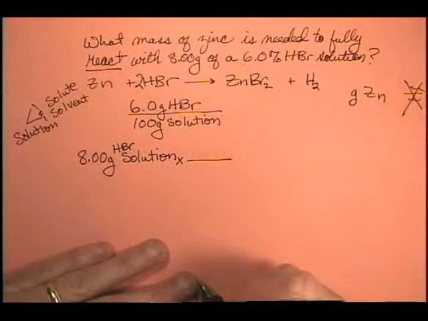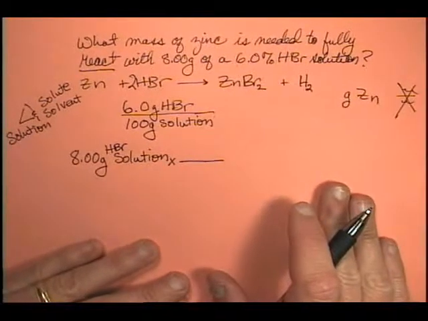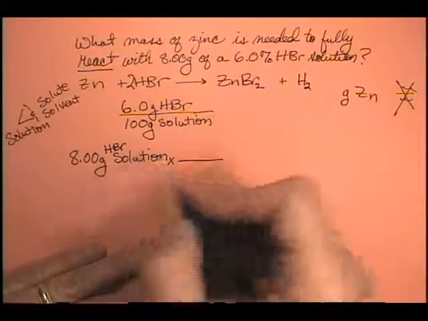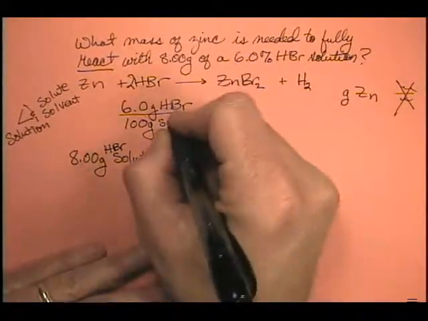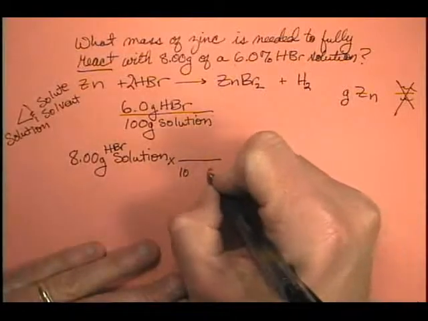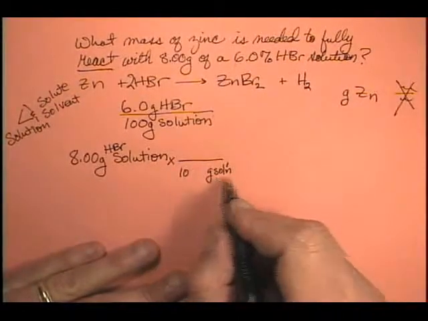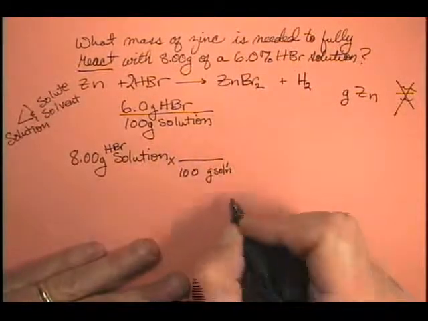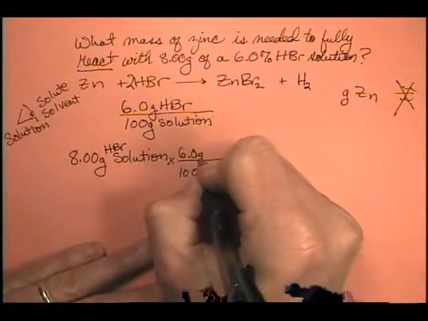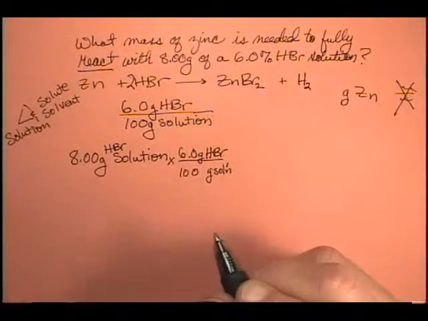So I know I'm going to have a mole to mole ratio in here somewhere. Okay. So I'm going to go ahead and get this into moles. Well, how am I going to do that? Well, I can use this conversion. I can say, okay, I need grams of solution, SOL apostrophe N. It's an abbreviation for solution. Grams of solution down here. 100 grams because that's what's going to cancel. 6.0 grams of HBr. Okay.